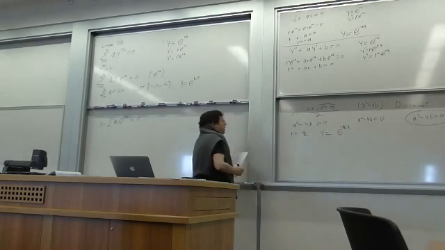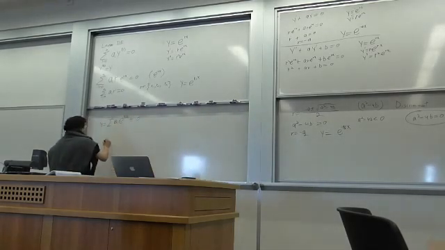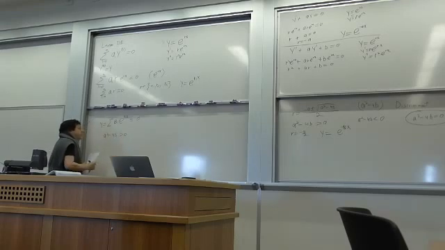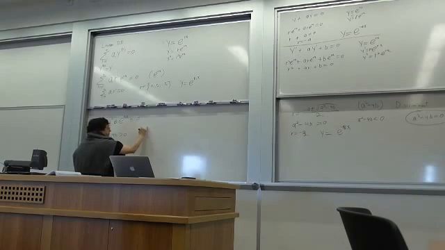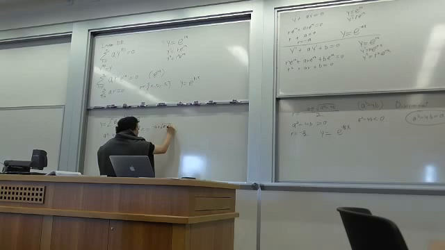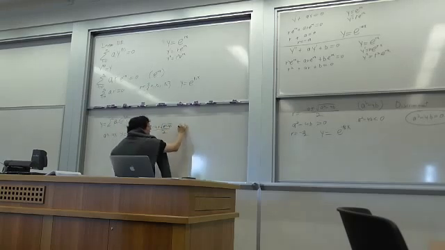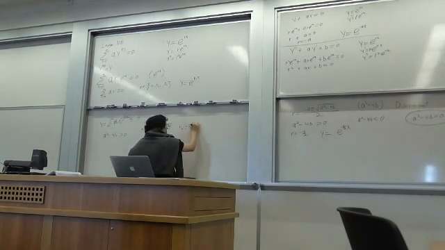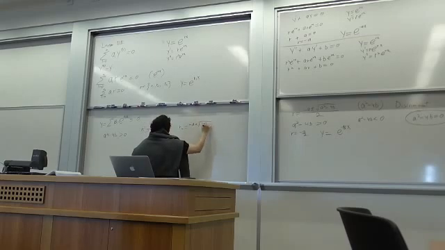Come back over here. Let's say a squared minus 4b is greater than 0. That means that I could have values r1, which is negative a plus the square root of a squared minus 4b, over 2, and r2 equal negative a minus the square root of a squared minus 4b, over 2.